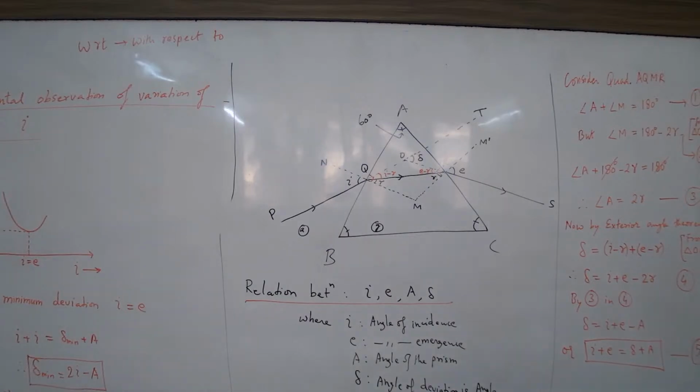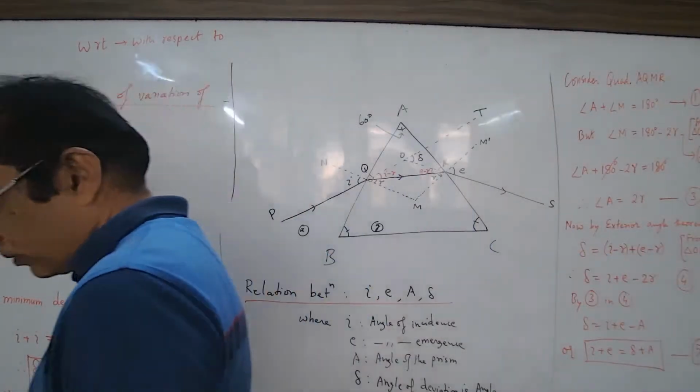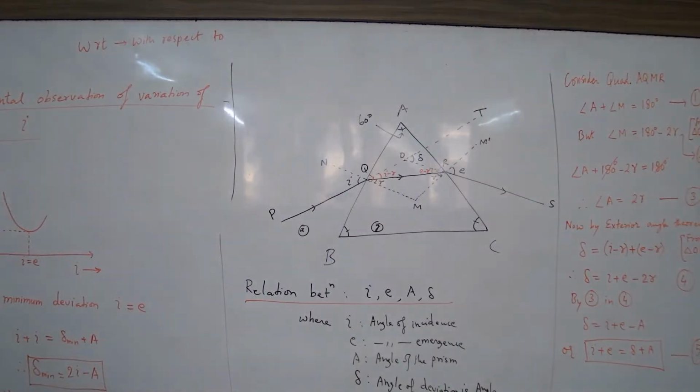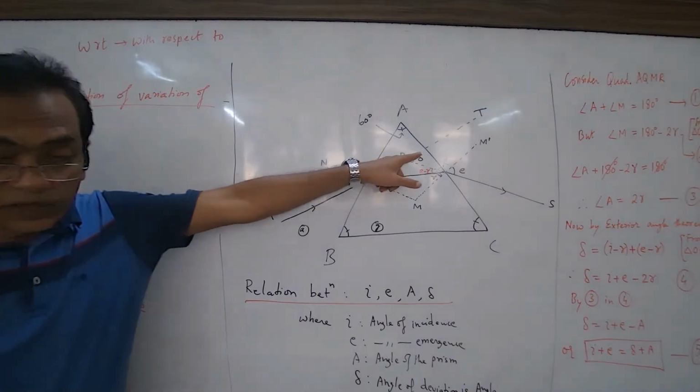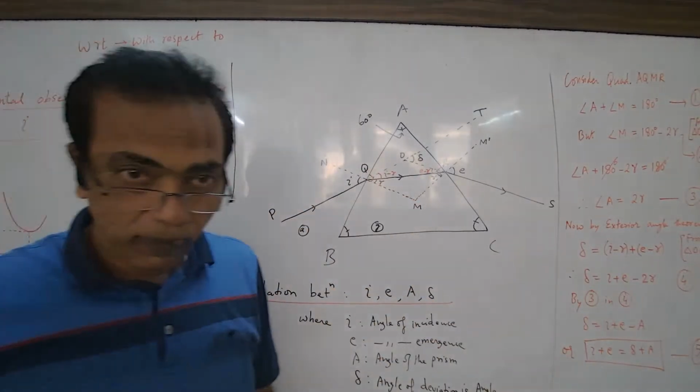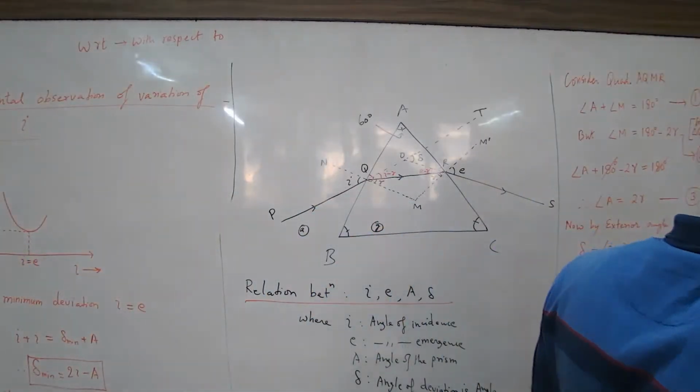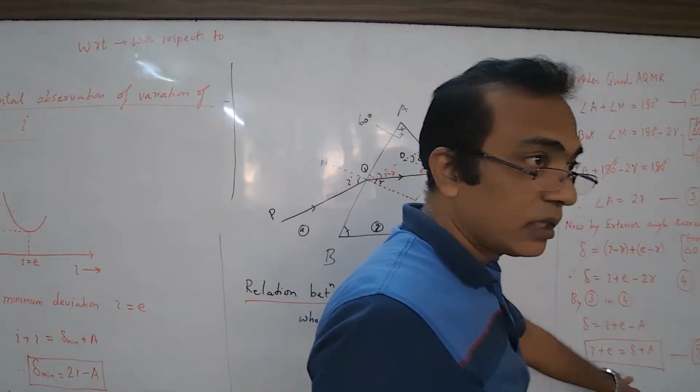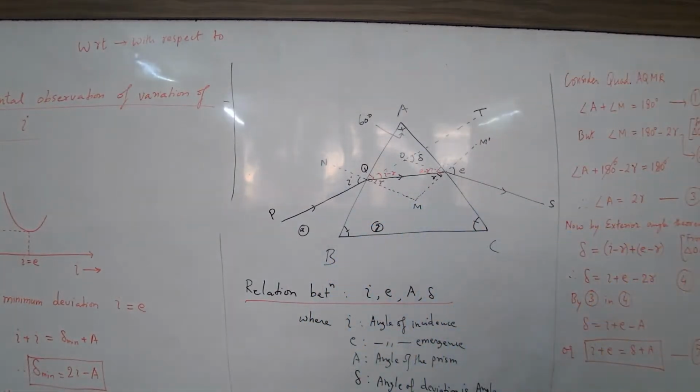हाँ जी. हाँ, ये परफेक्ट. डिविएशन एंगल का उसको पीछे लो. ये डिविएशन एंगल. अगर डिविएशन नहीं तो फिर रिलेशन किसका है ना? So there are four angles: I, E, delta, and A. Four angles are there. चारों दिखने चाहिए तुम्हारे डायग्राम में.